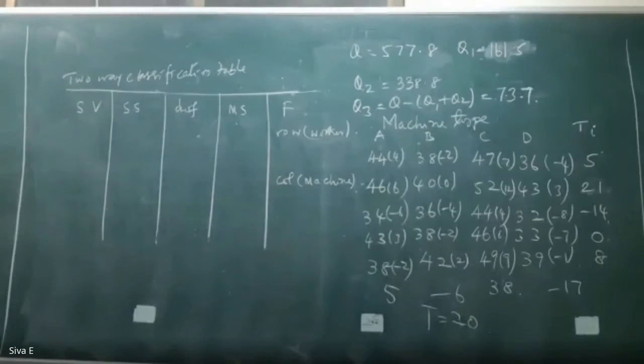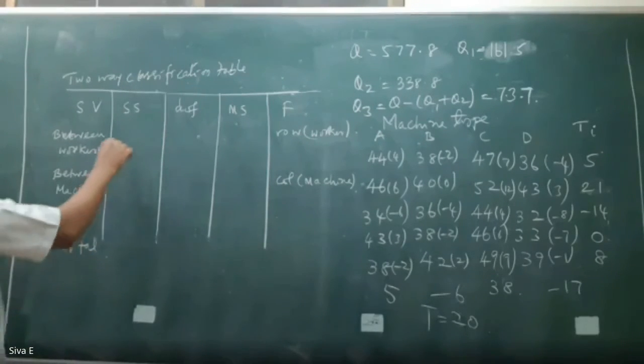So source of variation is between rows, what is row here? Row is workers, na, between workers. Between machines. And then error. Last one is total. So first one Q1 is 161.5.